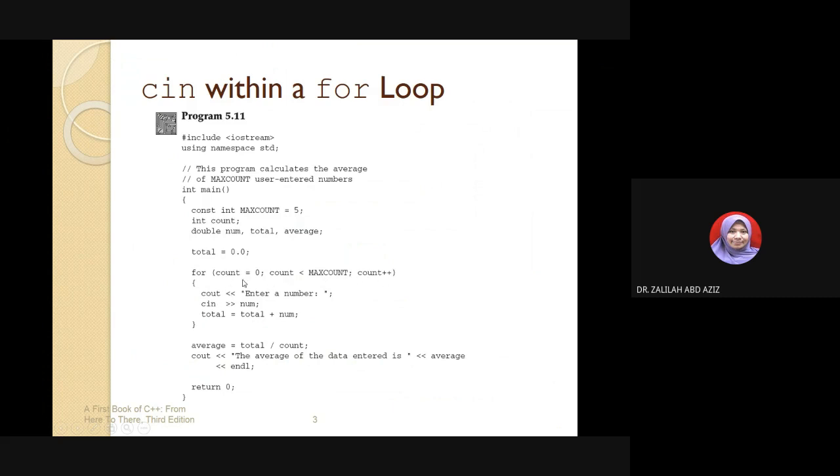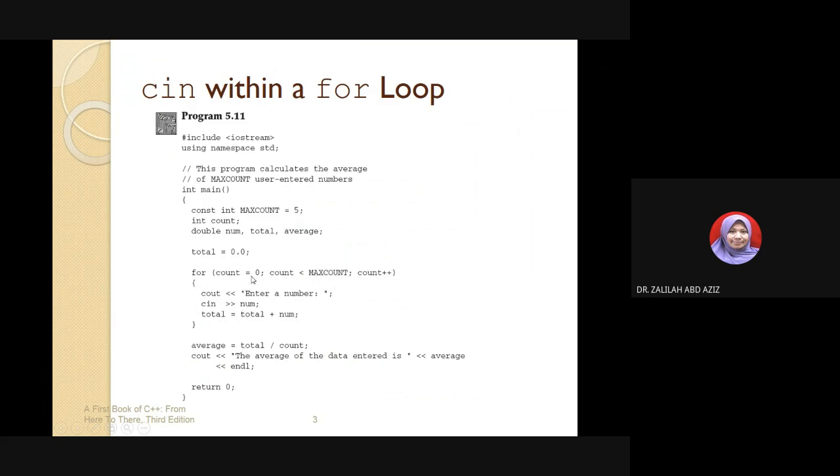If count is less than 5, and this is true, then cout enter a number, and then cin, the user will need to key in a value, and then total is equal to total plus num. The first time, total is equal to 0, so 0 plus the number entered by the user, and this will be repeated 5 times because max count is equal to 5.